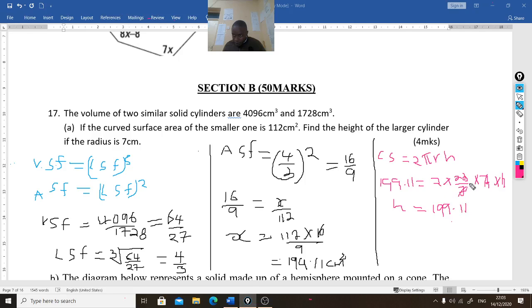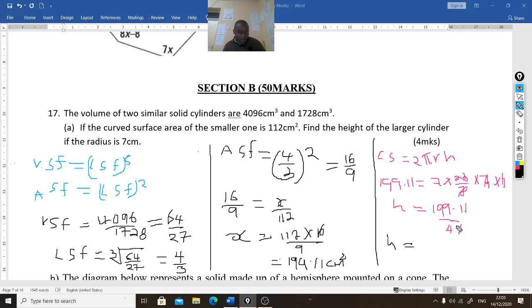199.11 divided by 2 times 22 is 44, divided by 44, meaning that now you get your h. So h equals 2.